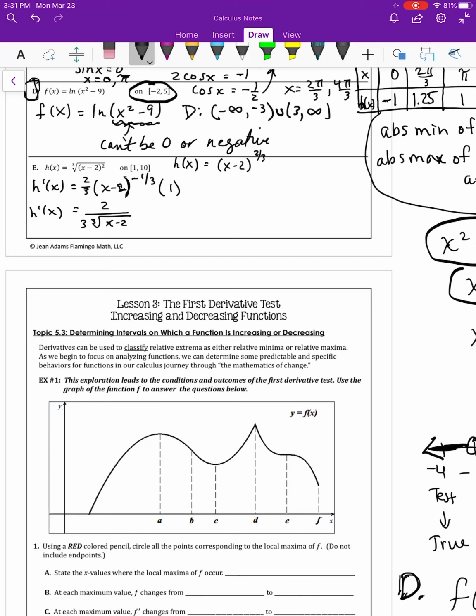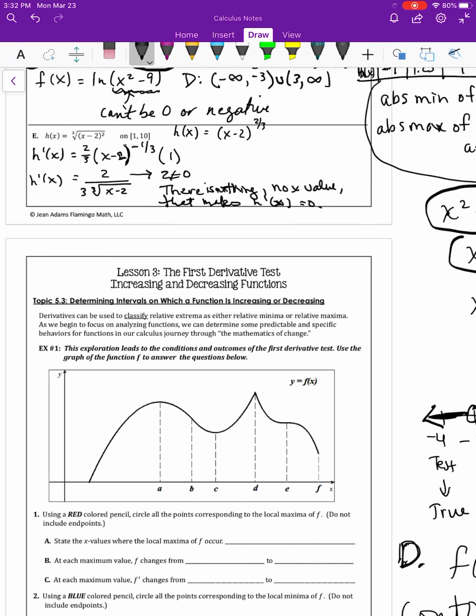But on here, what makes your derivative 0 would be what would make your numerator 0, okay? And since 2 can never be 0, there is no x value that makes h prime of x equal 0, okay? Because if there were, it would be what would make the numerator 0.